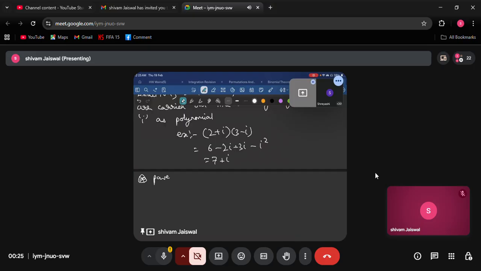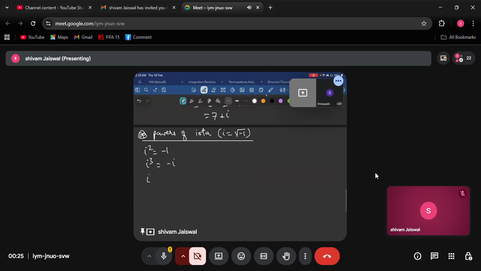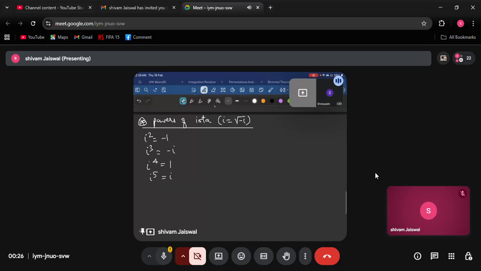Next, powers of iota. Iota is equal to root over minus 1. You see, i square is equal to minus 1, i cube is equal to minus iota, i to the power 4 is equal to 1, i to the power 5 is equal to iota. Are you people able to see? What is the cyclicity?